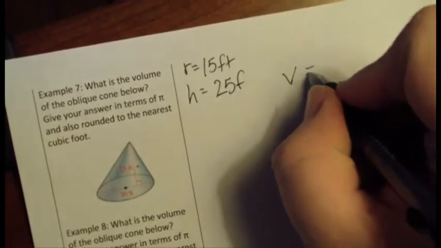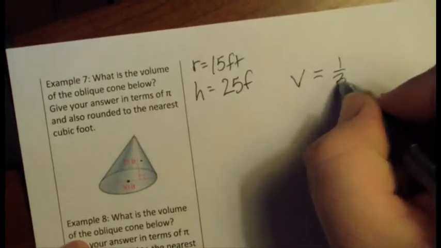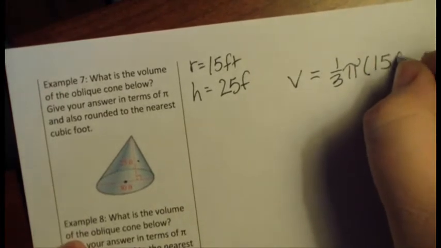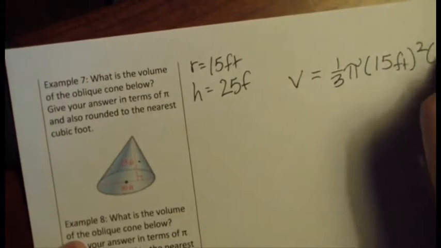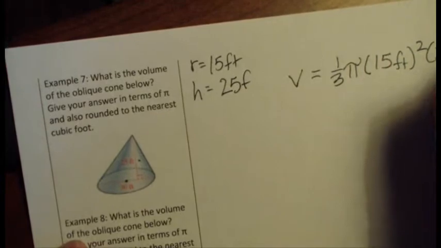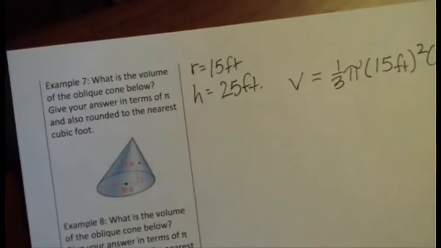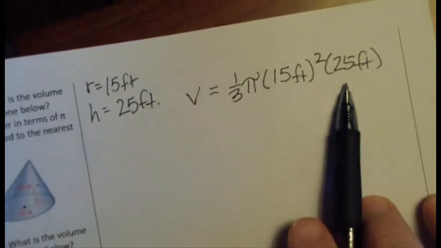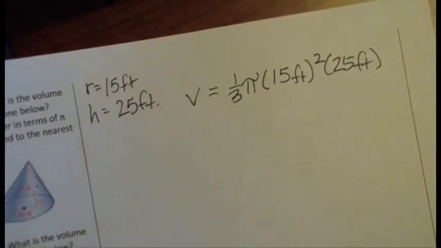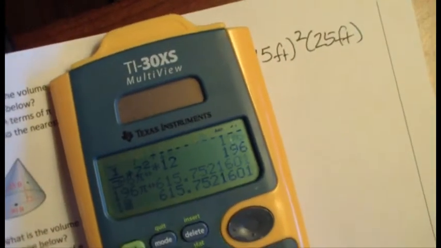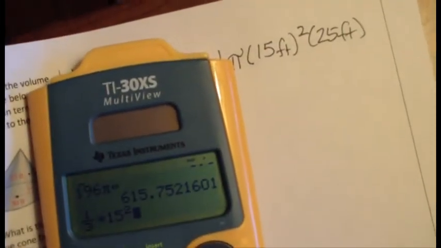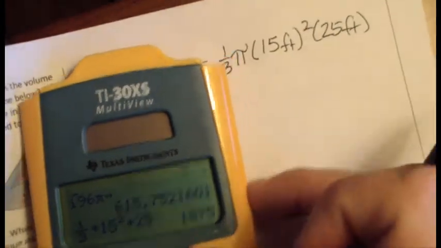So volume is 1/3 pi r squared h. So volume is 1/3 pi times 15 feet squared times 25 feet. So let's see, we've got 1/3 times 15 squared times 25.